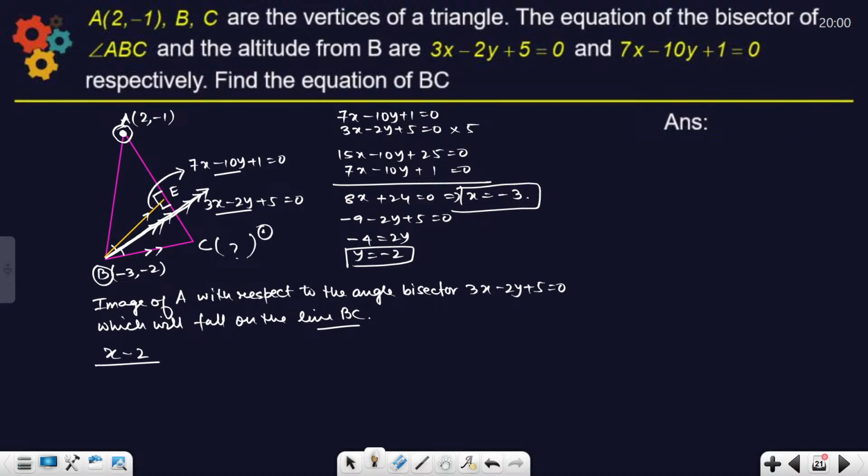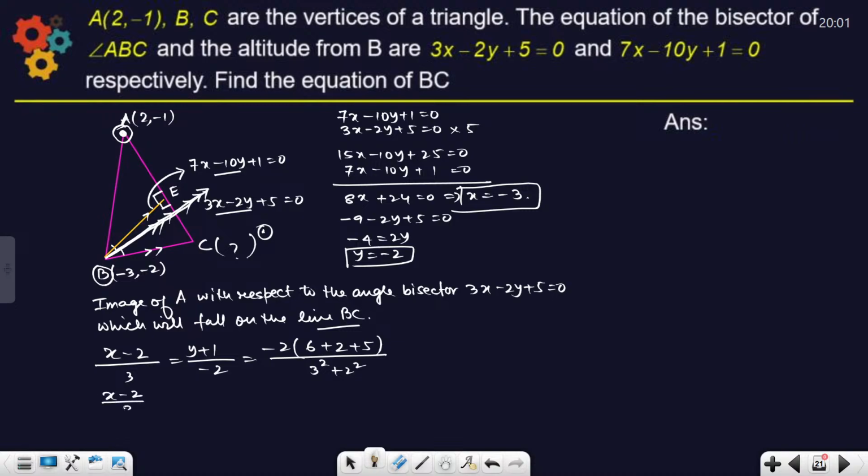X minus 2 over 3. Remember, I am finding out its image with respect to the angle bisector, not with respect to the altitude BE. No. With respect to the angle bisector. Y plus 1 divided by minus 2 times 6 plus 2 plus 5 divided by 3 square plus 2 square.